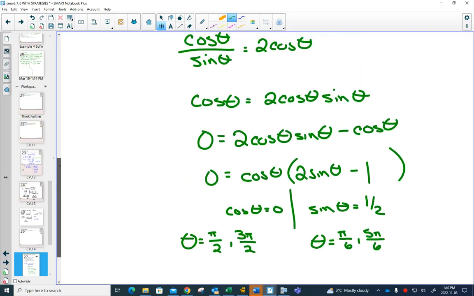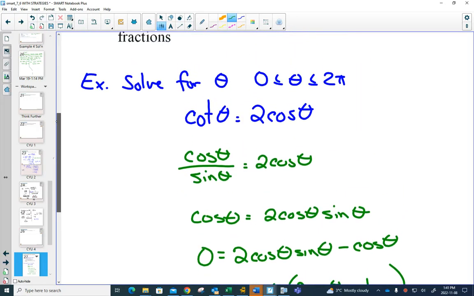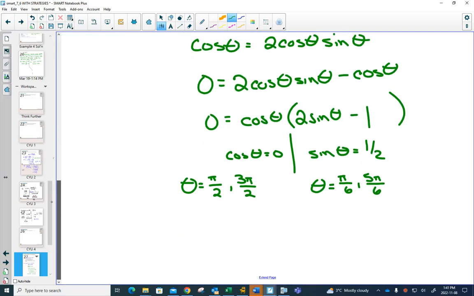Reread the question. What was the domain? Good. From 0 to 2 pi. So I don't have to do a general solution or anything else after this. Okay. Next example.